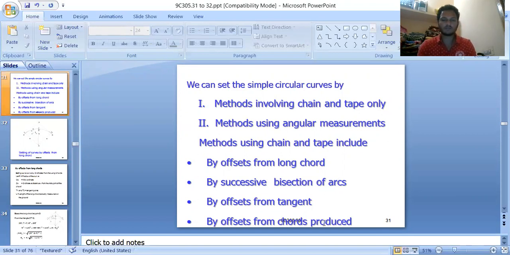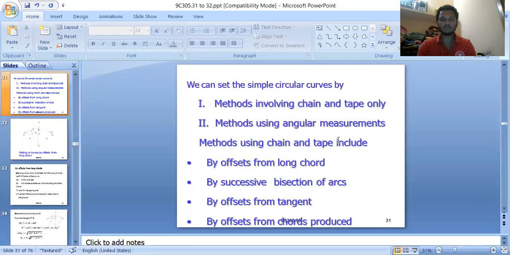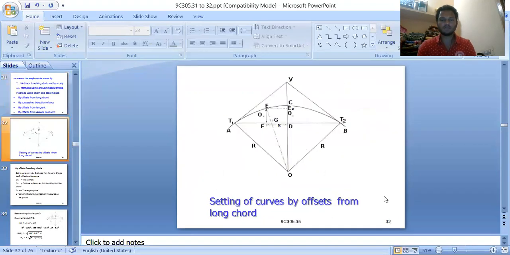Then we have offsets from chords produced. The angular measurement methods are Rankine's deflection angle method and two-theodolite method. Now we will discuss the first method of setting out curves by offsets from long chord.